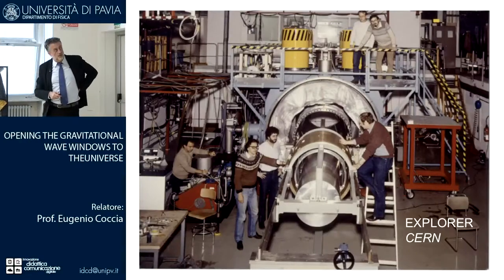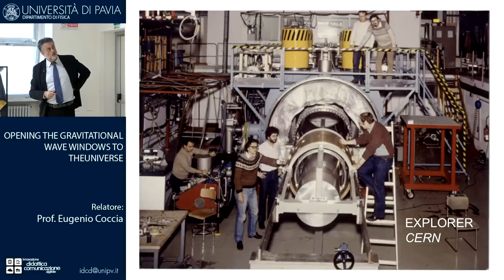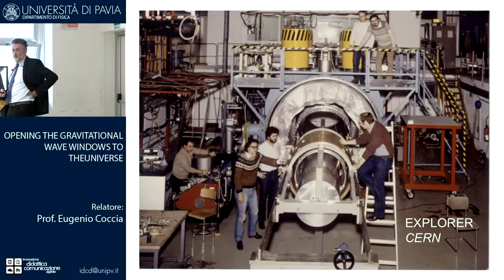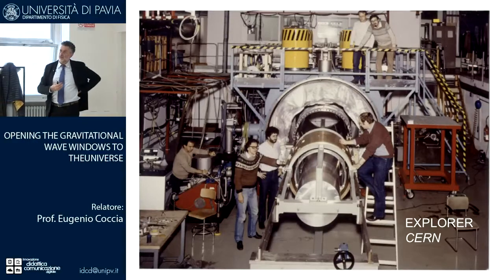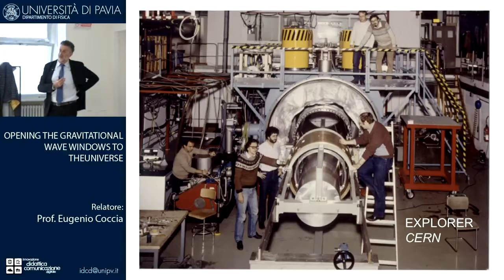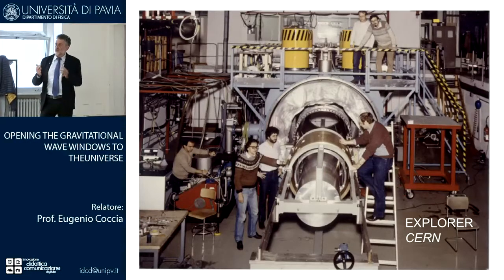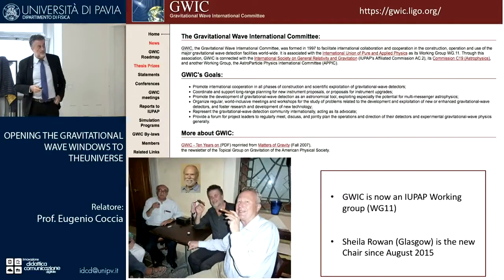This is, for instance, Explorer at CERN. All these three people, myself, Fulvio Ricci, Piero Rapagnani, we are now in the Virgo and LIGO-Virgo collaboration, because when you start knowing experimental methods for putting a mass isolated from all the rest and trying to measure its position, then this kind of skill is the same for all the gravitation experiments.